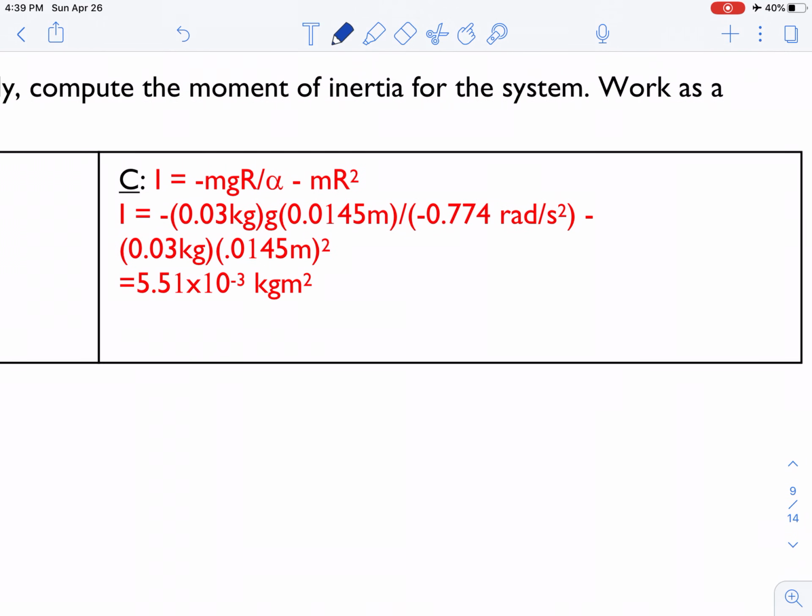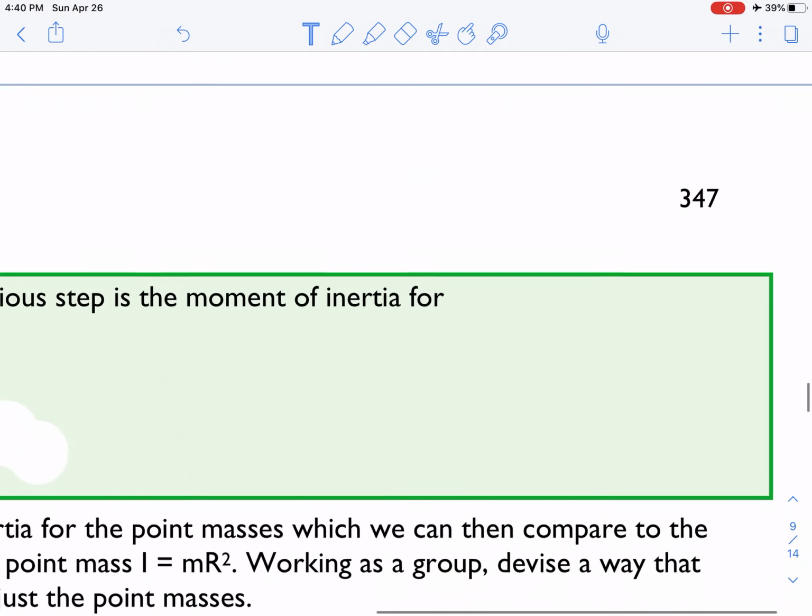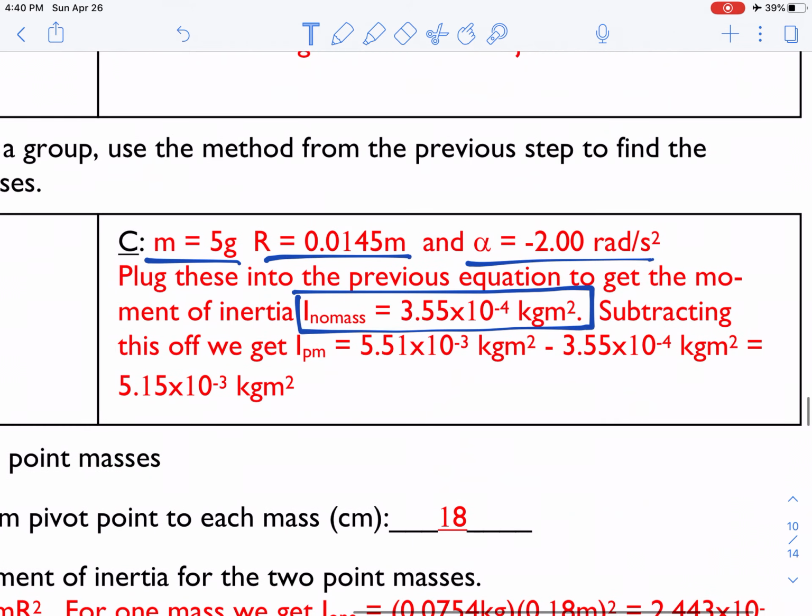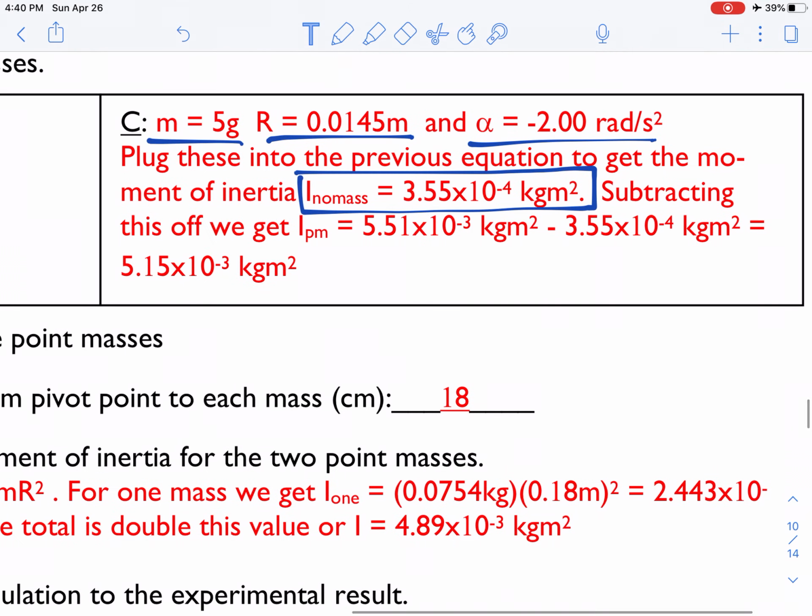This was what we got for the system. This is 10 to the negative 3. This is 10 to the negative 4. And that's because we have less mass and less inertia, right? So what we need to do is find the point mass inertias, but remember that there are two of them.